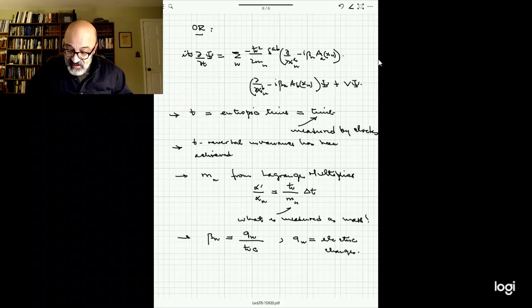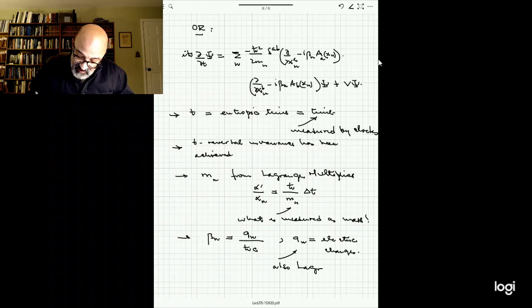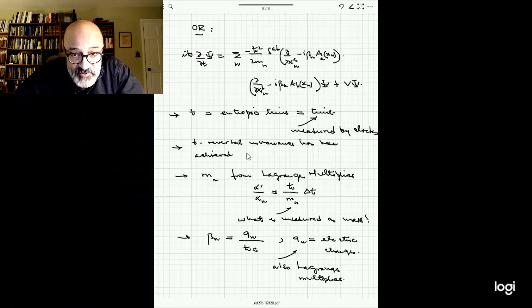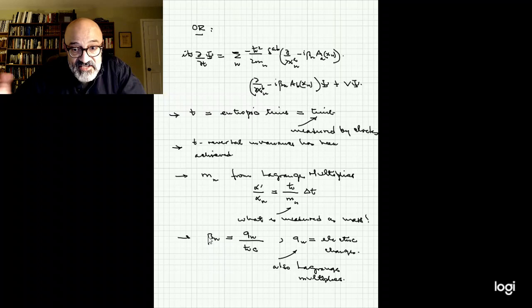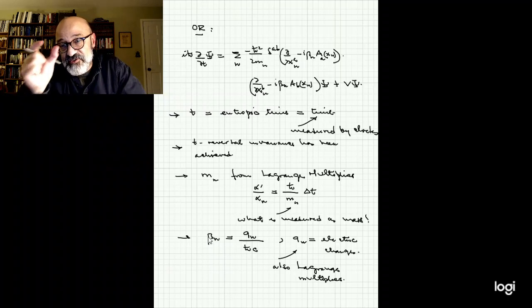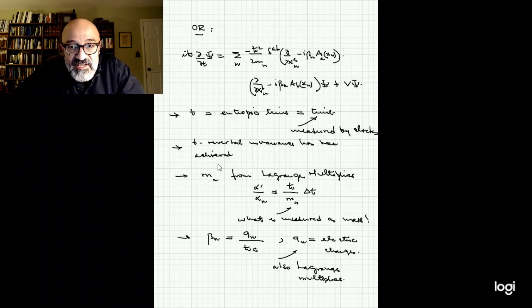So electric charges are also Lagrange multipliers. That's almost obvious in this formalism, because after all, we introduced the betas as the Lagrange multiplier that calibrated a constraint on the displacement with respect to the external vector potential, like there, right? And so electric charges are Lagrange multipliers.